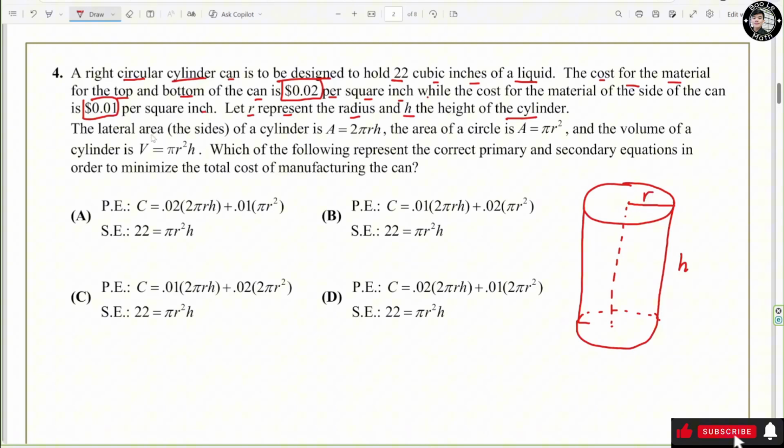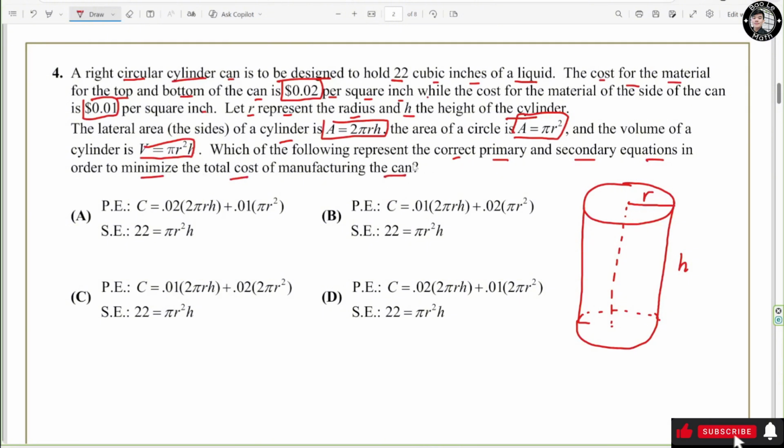The lateral area of a cylinder is A equal 2 pi R H. The area of the circle is pi R squared. The volume of the cylinder is pi R squared times H. Which of the following represent the correct primary and secondary equation in order to maximize the total cost of manufacturing the can?